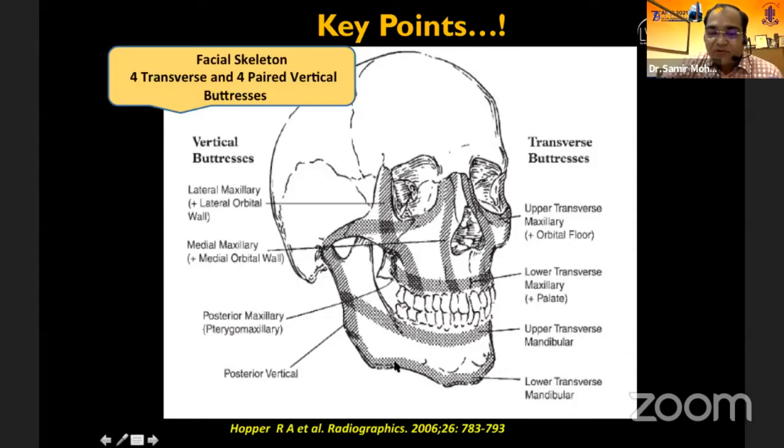Once this occlusal relationship is maintained, then all of the fractures will come into place. It's exactly like a building where you put up pillars and then slowly the walls and the decor come in. So first, the structural anatomy of the buttresses has to be maintained, and once this is done, the entire fractures will come into place and we can have a better symmetry and cosmesis.